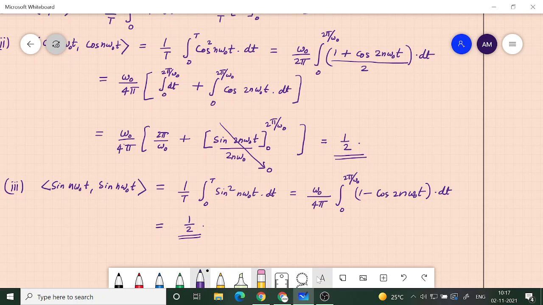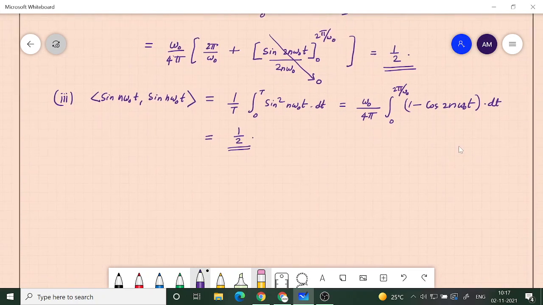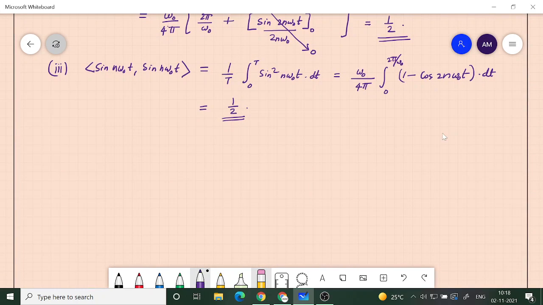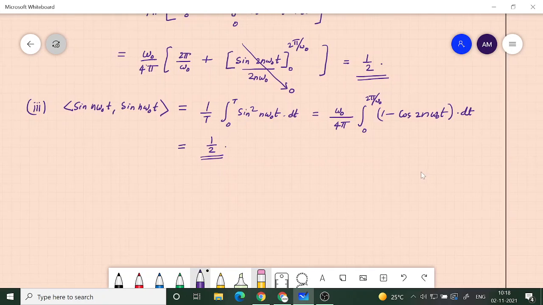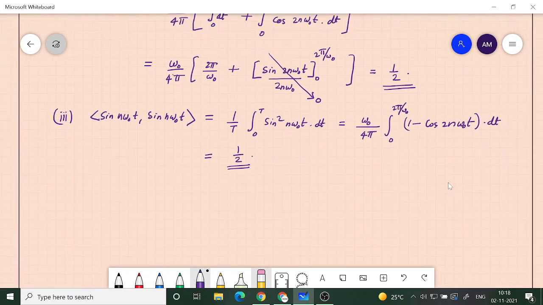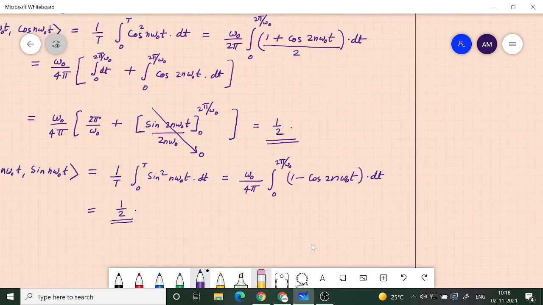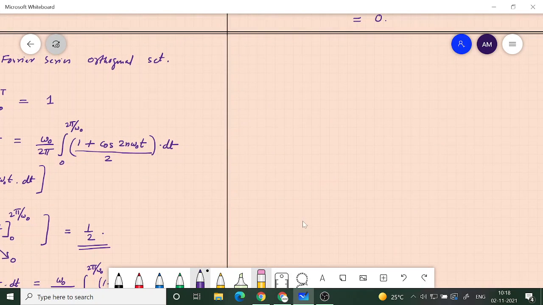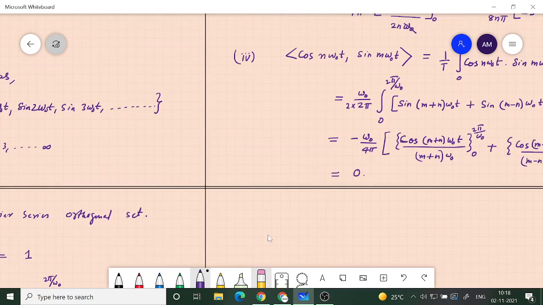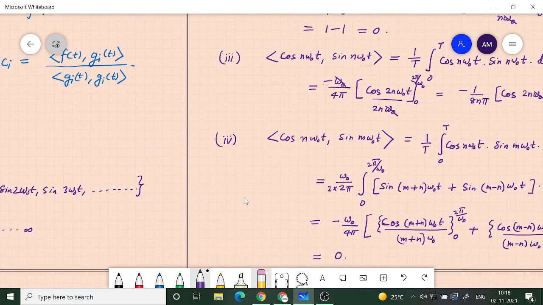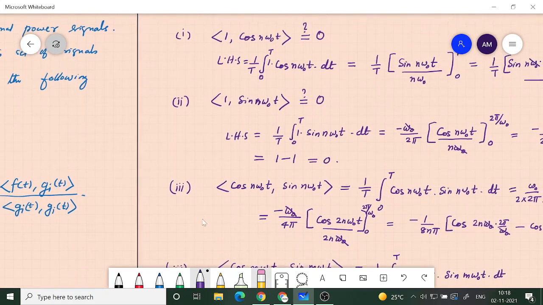Okay, so now we have got everything that we require. We got the energy. We have proven that they form an orthogonal set. So now coming back to our question, what was our problem? Our problem was to expand a given function in terms of this orthogonal set of functions.